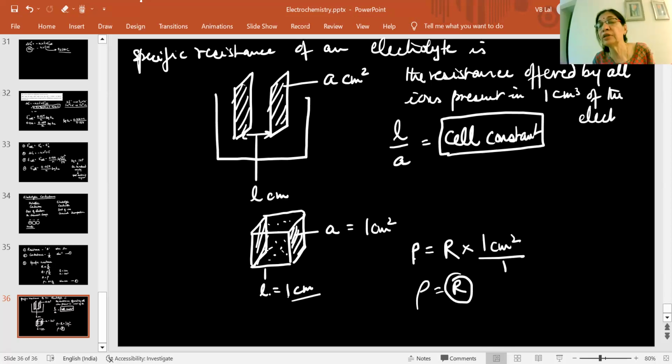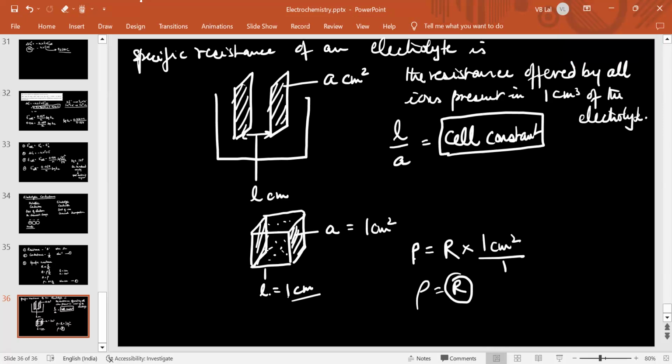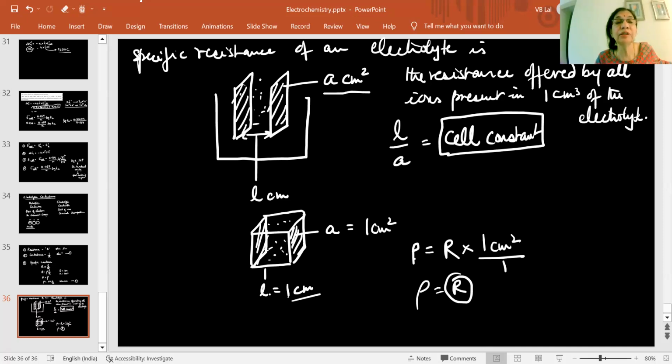We can also say it is the resistance offered by all ions present in an electrolytic cell where the electrodes are 1 centimeter apart, and the area of cross section of each electrode is 1 centimeter square. How much electrolyte will be present in this? That is the specific resistance of the electrolyte.